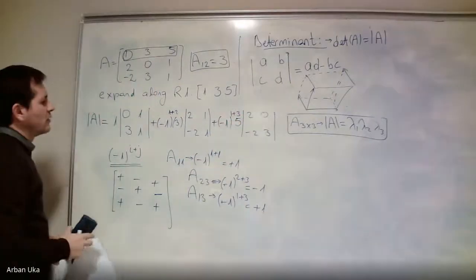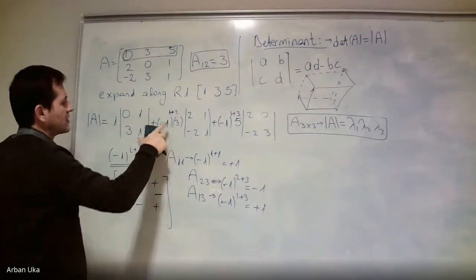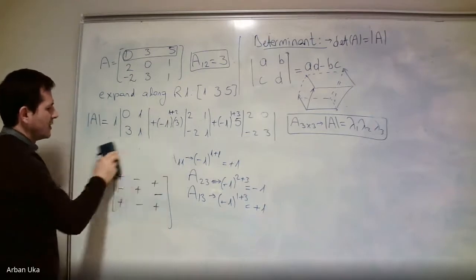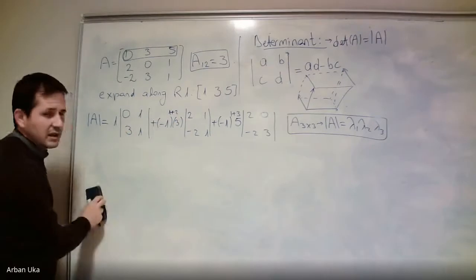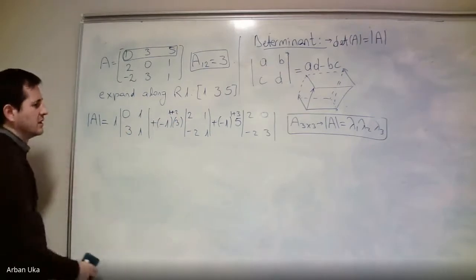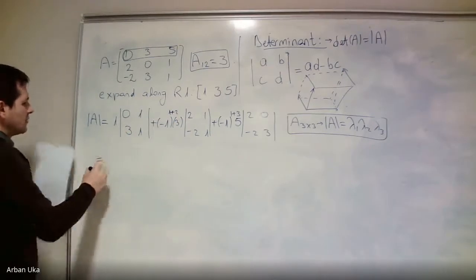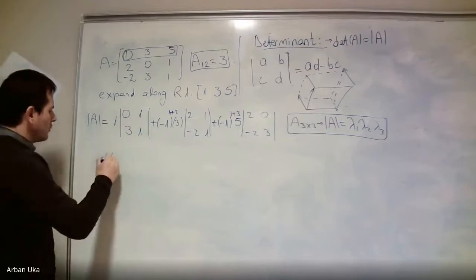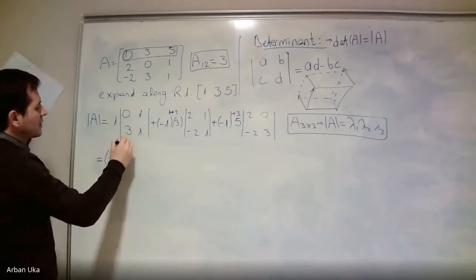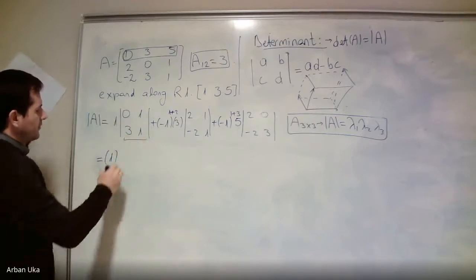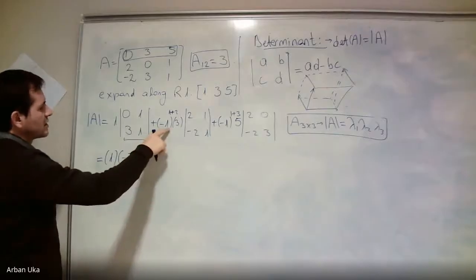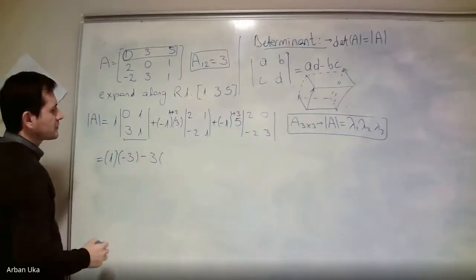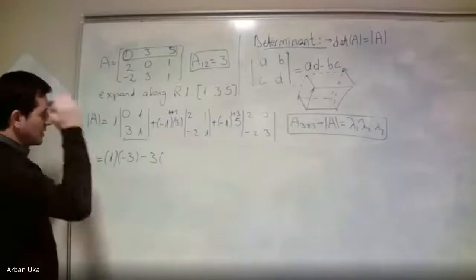So if you want, you may remove these minus 1s completely, because you know that it's going to be plus, minus interchangeably. Okay. So again, the determinant here is going to be the following: 1 times what is the determinant of this little matrix? -3. Then what is this? -3 times 4, 4.